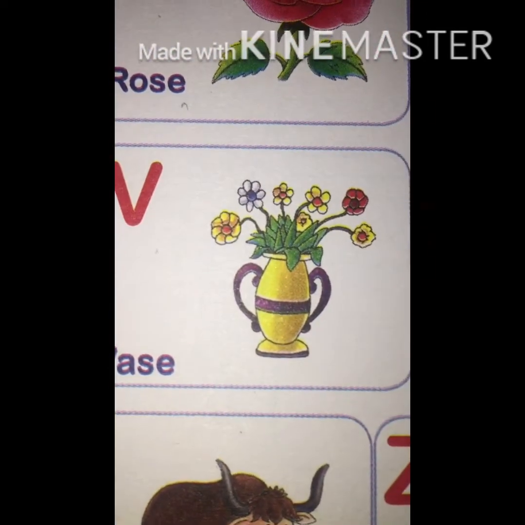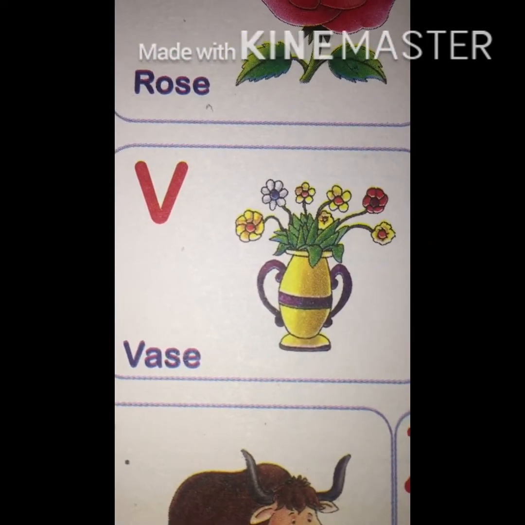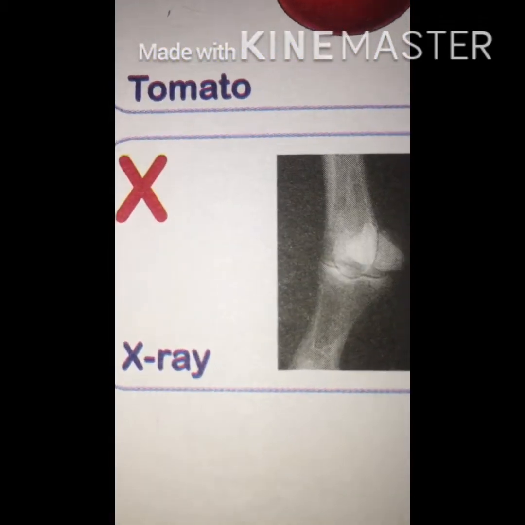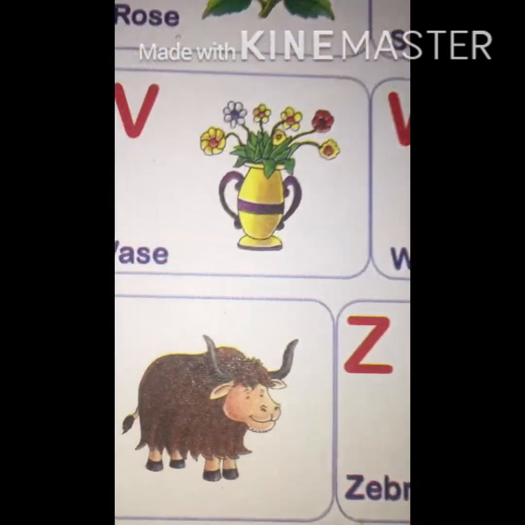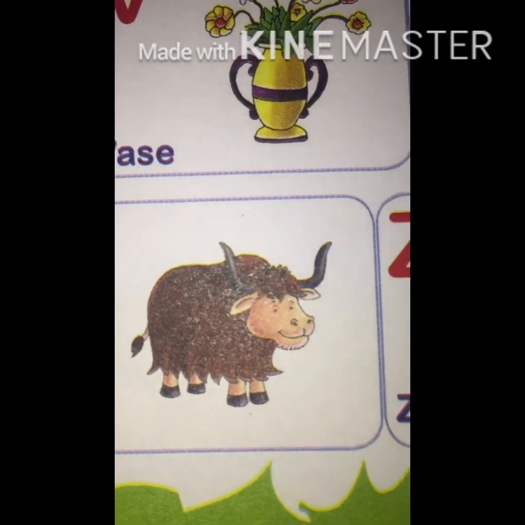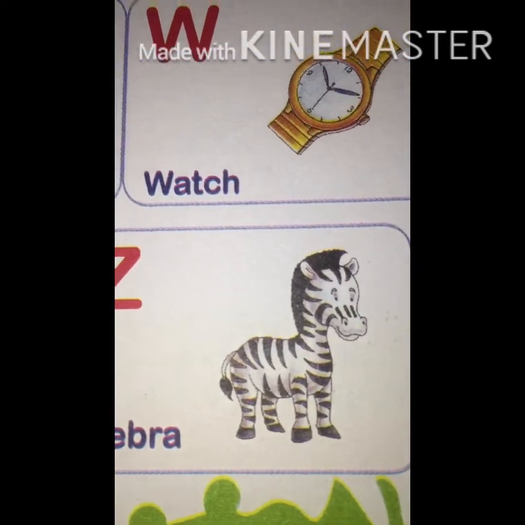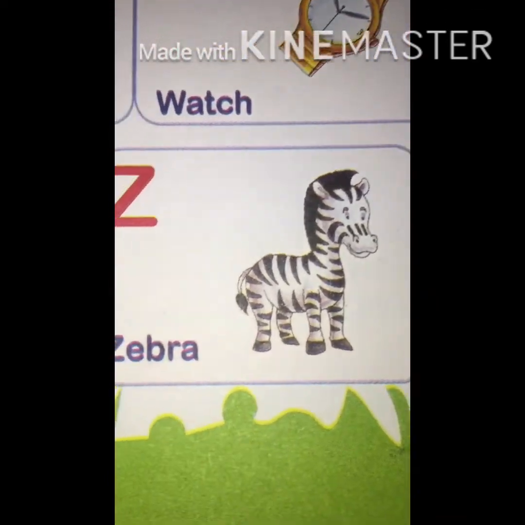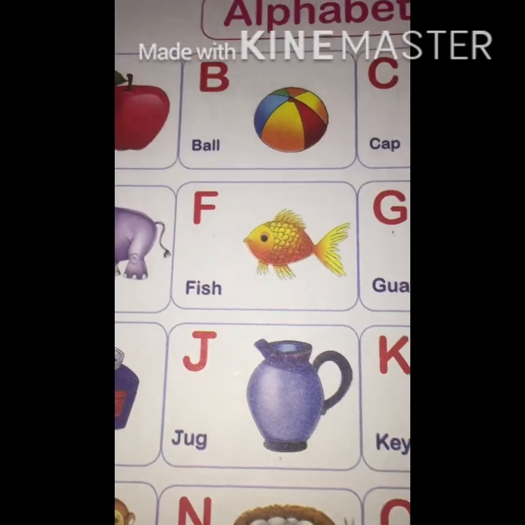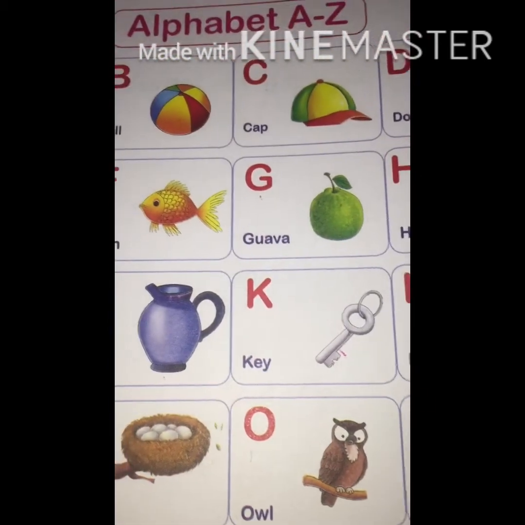V says vase. W says watch. X says X-ray. Y says yak. Z says zebra. I hope you have understood how to read the pictures.